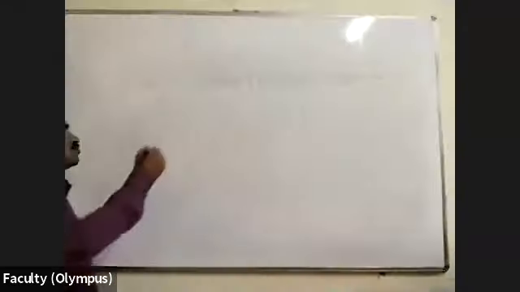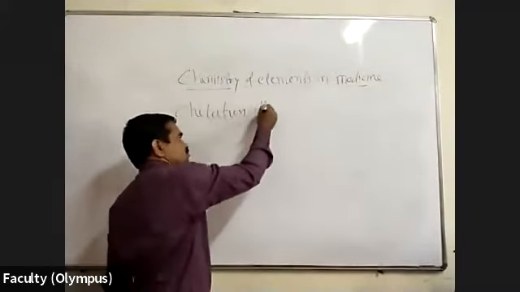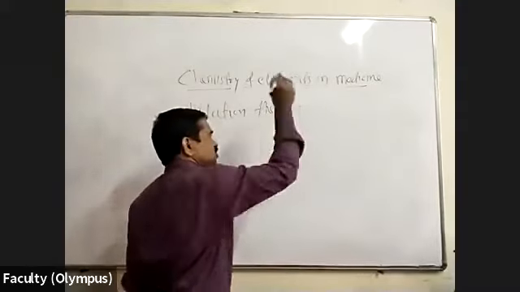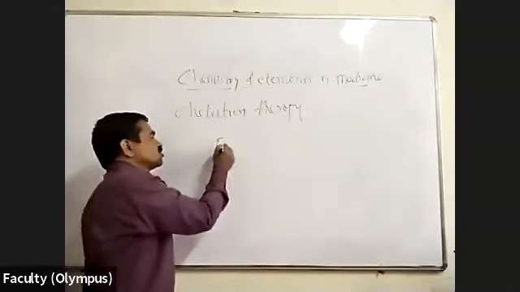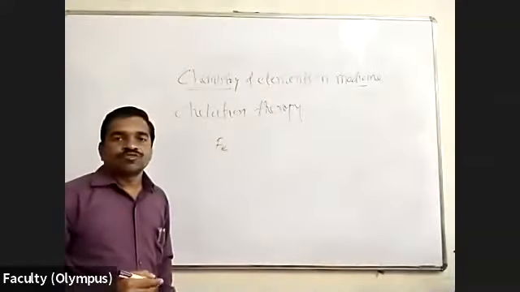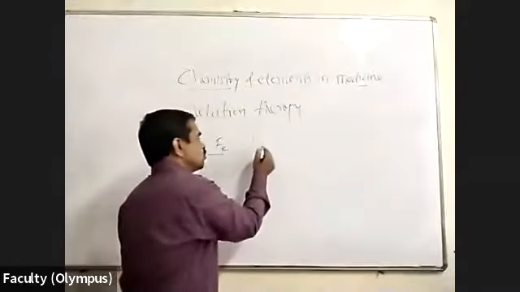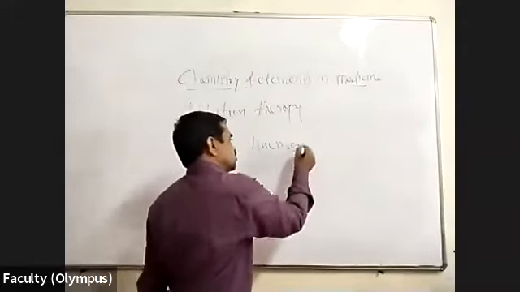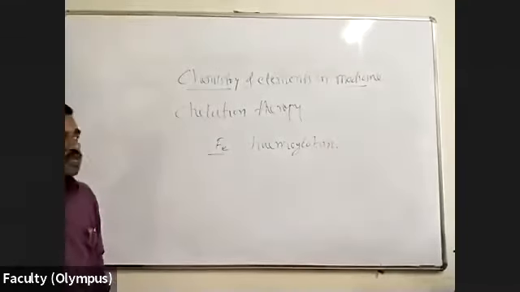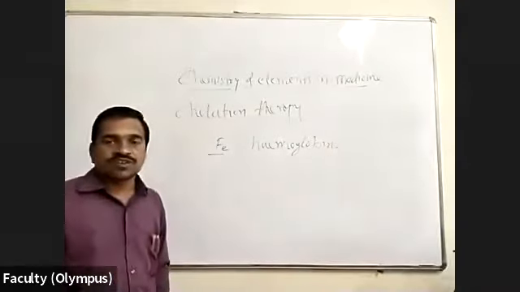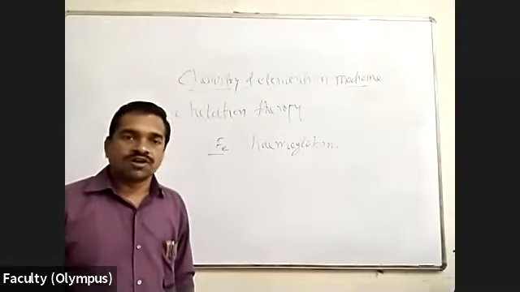So the first we call chelation therapy. Now suppose iron is required for the living system, mostly red-blooded animals. Iron is present in hemoglobin, and that is responsible for carrying oxygen from lungs to muscles and carbon dioxide from muscles to lungs.